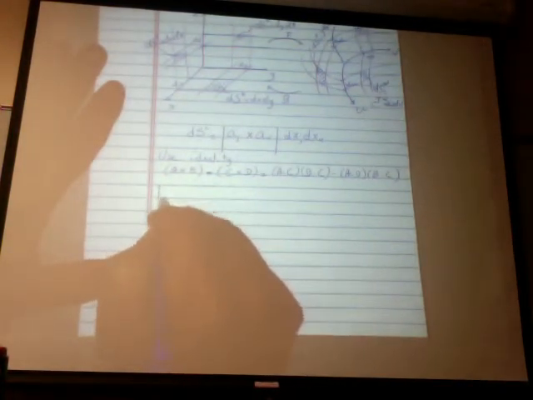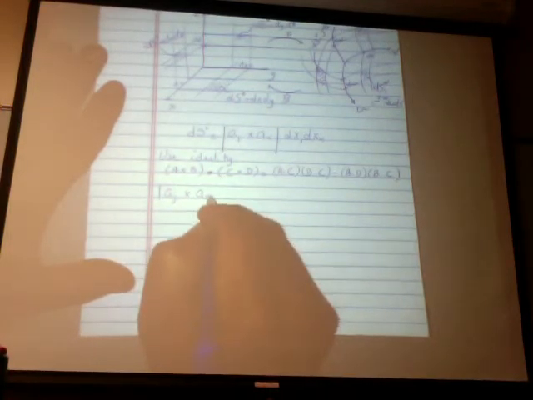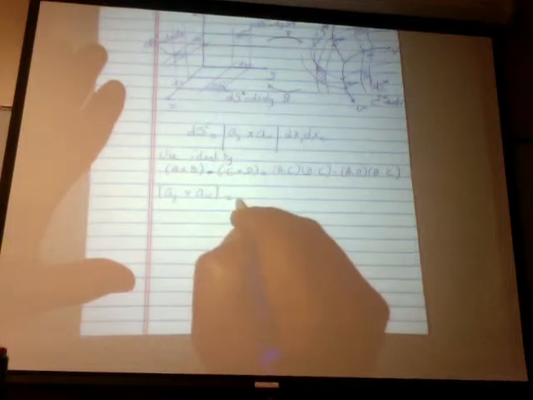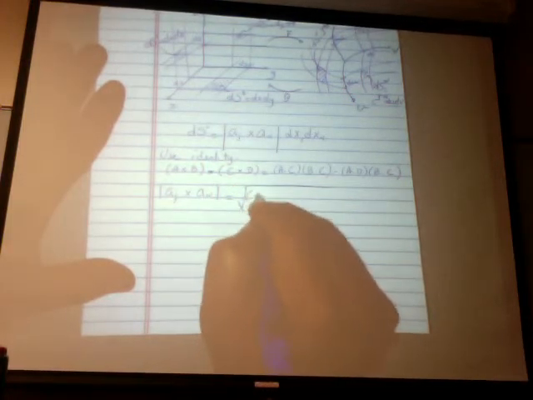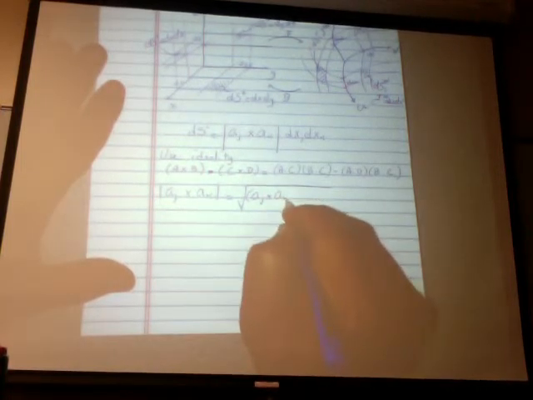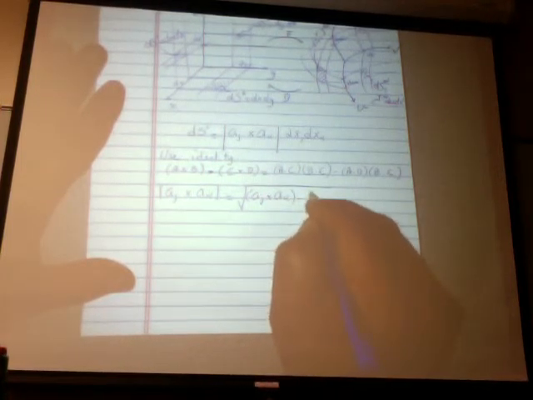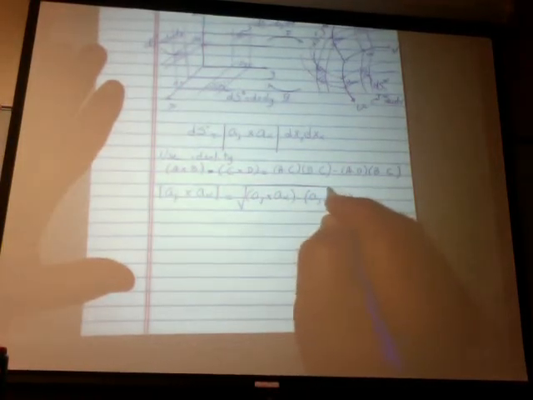So the magnitude of aj cross ak is equal to the square root of aj cross ak dotted into aj cross ak.